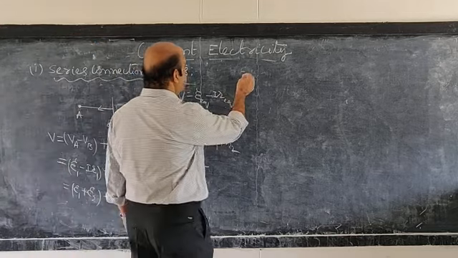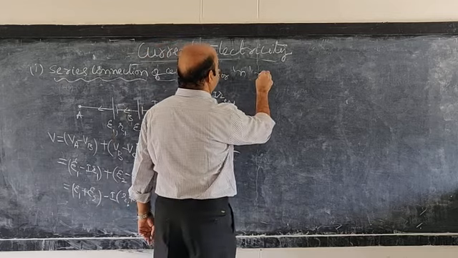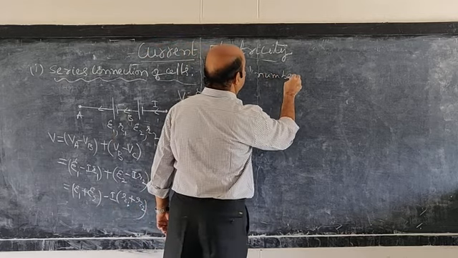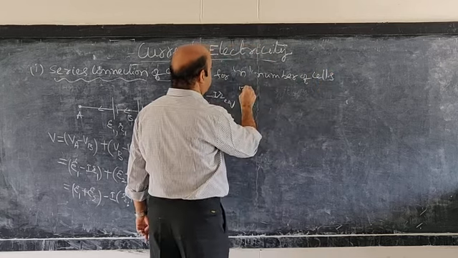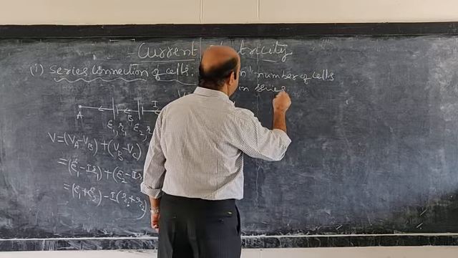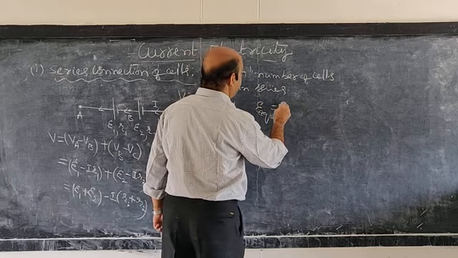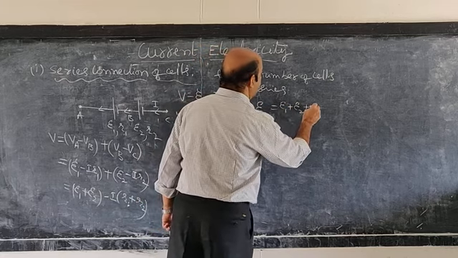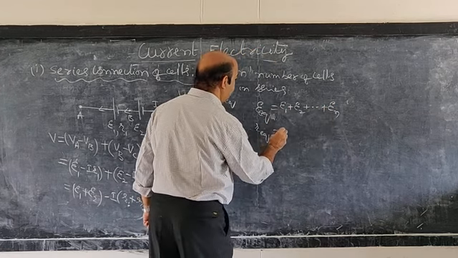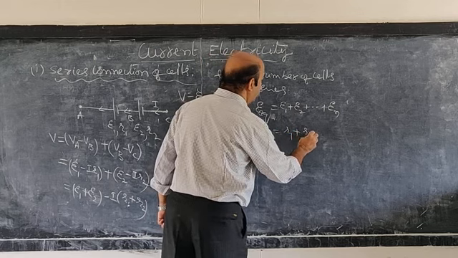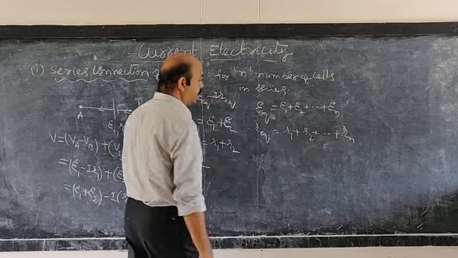So in such a case, for n number of cells in series, we can write the equivalent EMF as E1 plus E2 plus and so on plus En, and similarly R equivalent is given by R1 plus R2 plus and so on plus Rn. So like this.